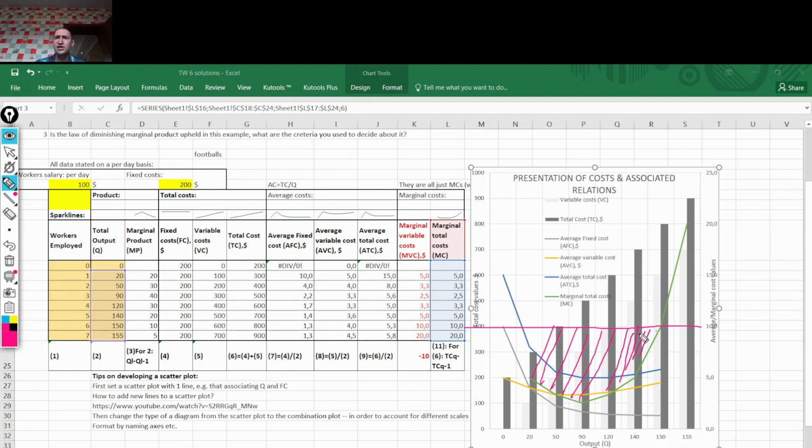So your margins are getting slimmer and slimmer, and at that point of making 150 balls per day, the last 10 balls to produce, meaning the 140th ball, the 141st ball, the 142nd ball, and so on and so forth, the 149th and 150th ball, these last 10 balls to produce in that output will be costing you $10.